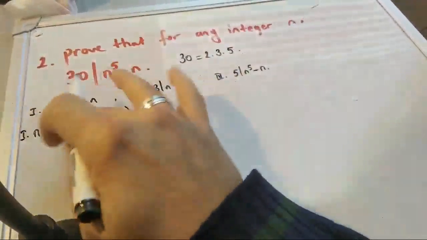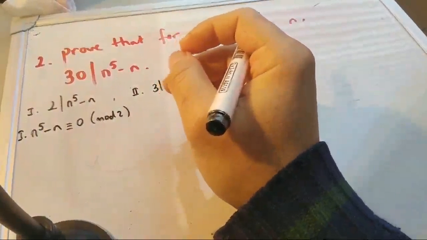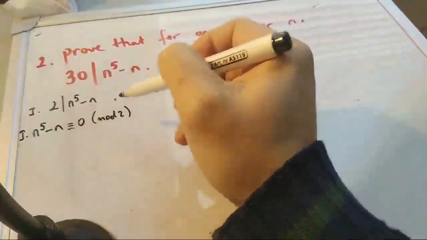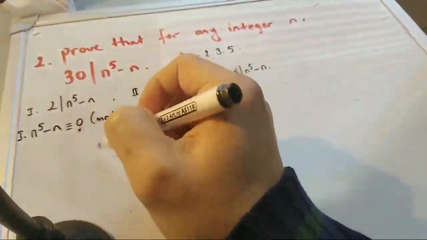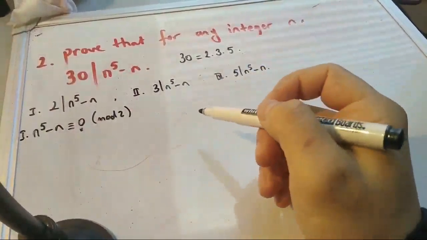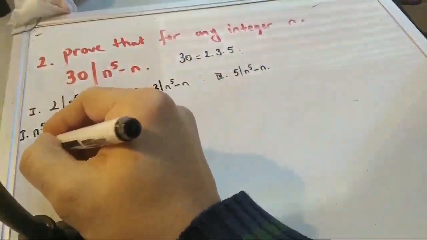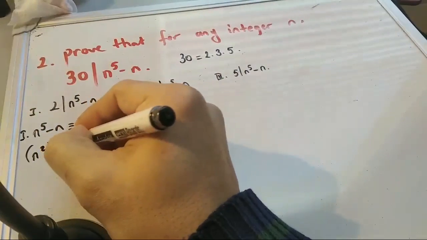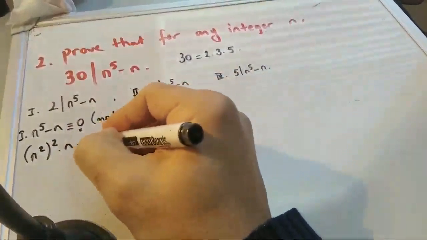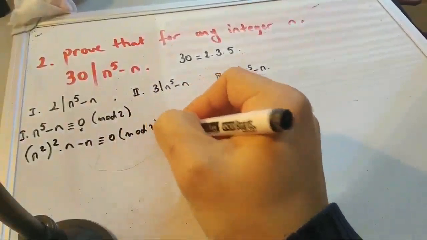We have to get a 0 here. So, n to the power of 5 minus n is congruent to 0 in mod 2. We have to prove that. Instead of n to the power of 5, I will write n squared to the power of 2 times n, minus n is congruent to 0 in mod 2.